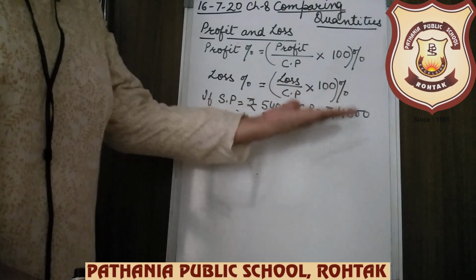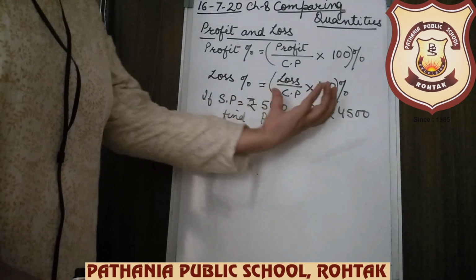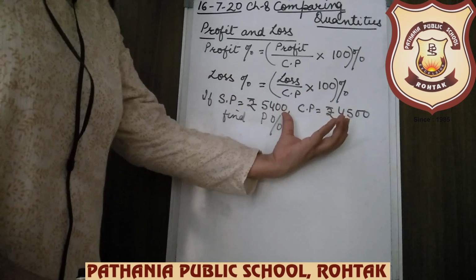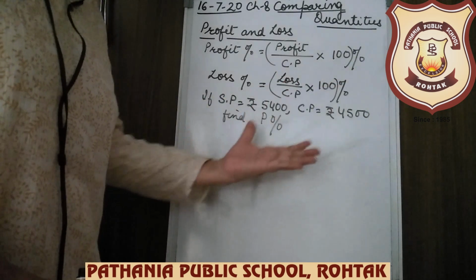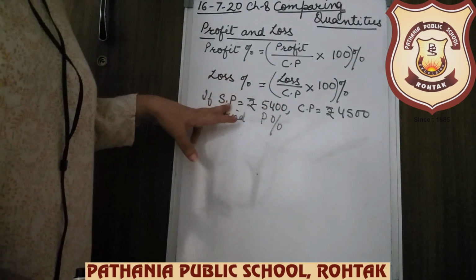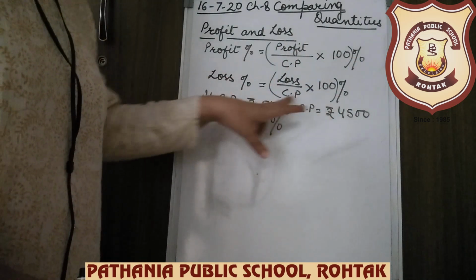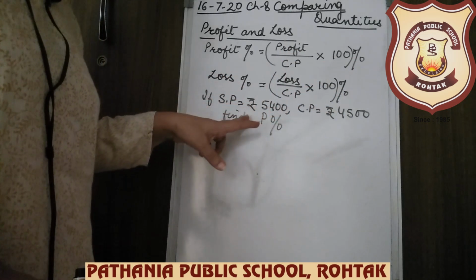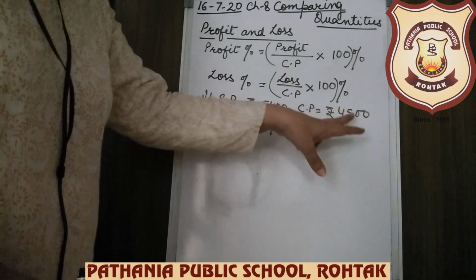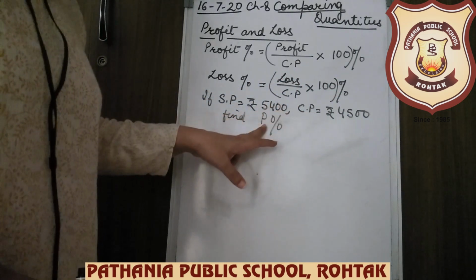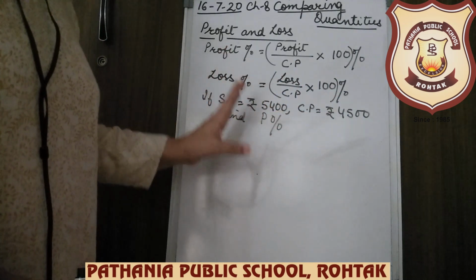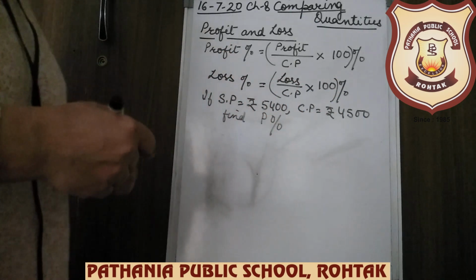Gain or the loss percent means whether according to the things which are given to you there is a gain or loss. Gain means profit. So you have to compare the CP with SP. Now here as CP is smaller than SP, so there is profit, and in the question it is already given, you have to find the profit percent.